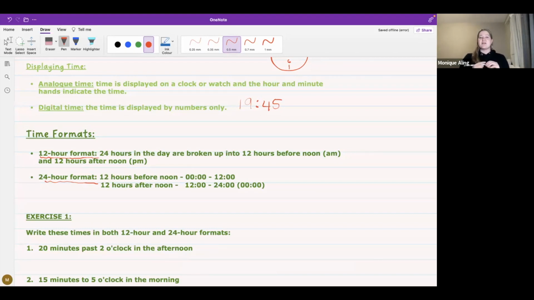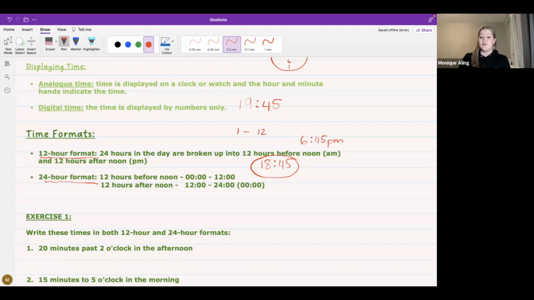Okay, so let's say, for example, as we'll look on our clocks now, it says 18:45. That is not a 12-hour format because our clock for 12-hour format ends at 12. It goes from 1 to 12. So if I want to write 18:45 in 12-hour format, I would say 6:45, and I specify that it's evening by saying PM.